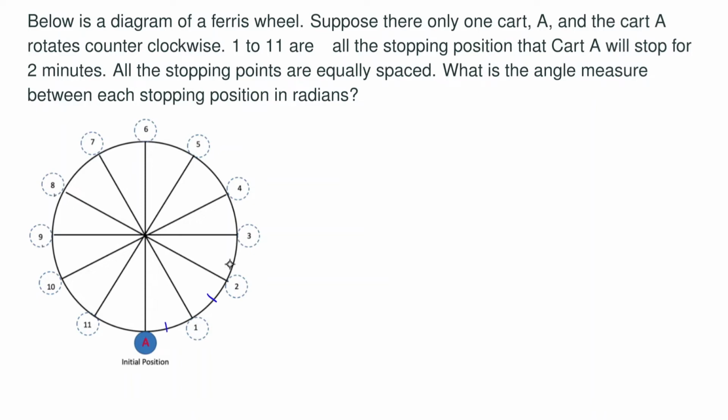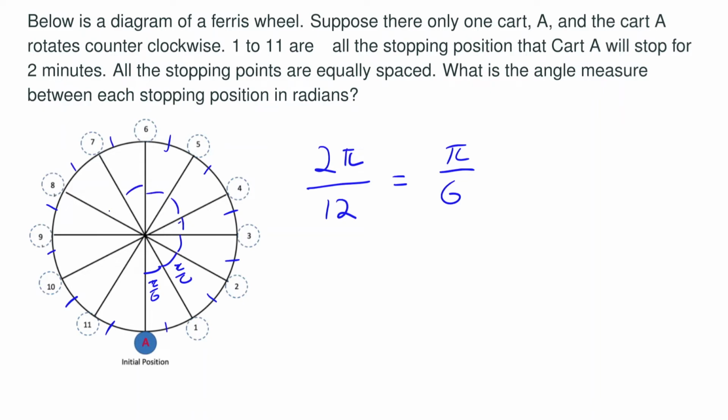We have 1, 2, 3, 4, 5, 6, 7, 8, 9, 10, 11, 12. So there are 12 equal spaces. And we know that the entire full rotation angle is 2 pi. Therefore, 2 pi divided by 12, which simplifies to pi over 6, is the angle between each stopping point. So this is pi over 6, this is pi over 6, all of them are the same, pi over 6 right here. So pi over 6 is the answer.